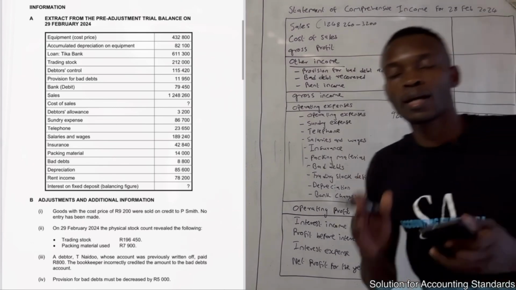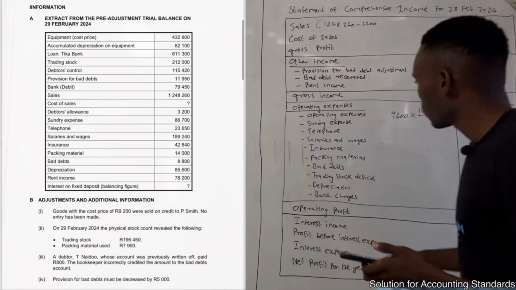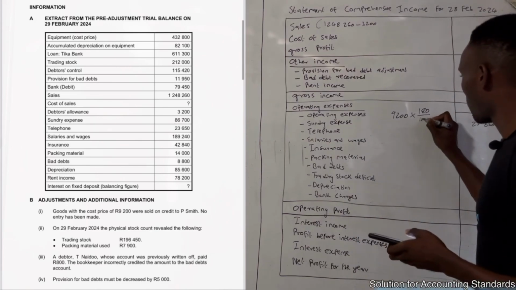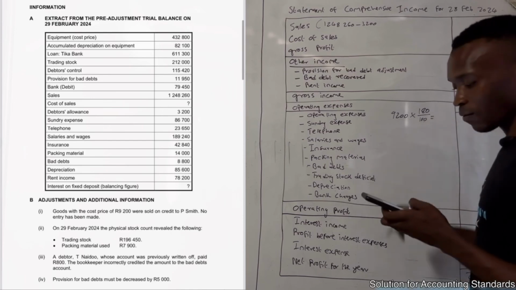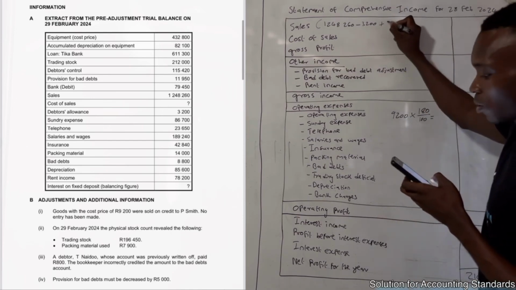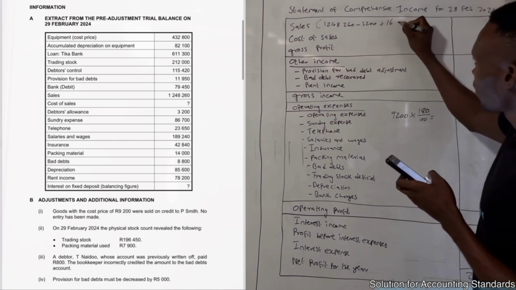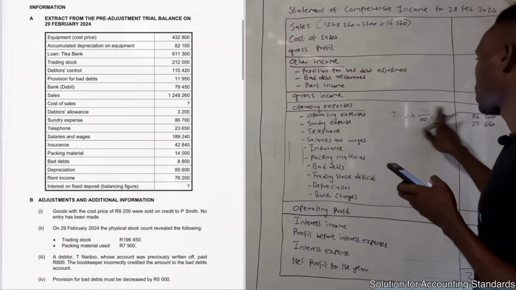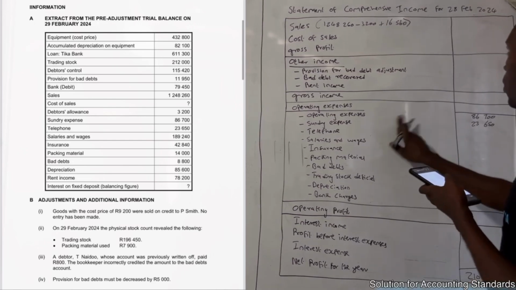Remember, it's always 100. You just add the markup that you are given. If they give you 50, it's going to be 150. Then you multiply by 100, and it's going to give you the amount that you are going to add, 16,560.